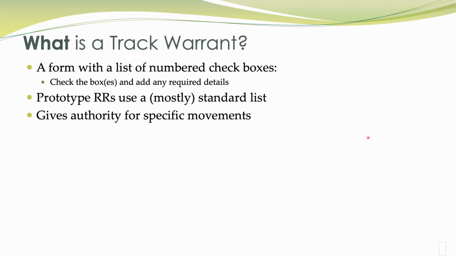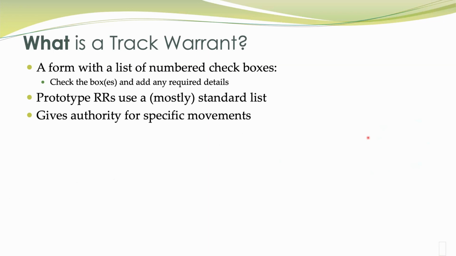But probably the most basic thing, I've mentioned this idea of track warrants. What is it? So what is a track warrant? It's really just a very simple form, probably a tiny little thing, not much bigger than a Post-it note, with a list of numbered checkboxes, which you can check one or many of them.